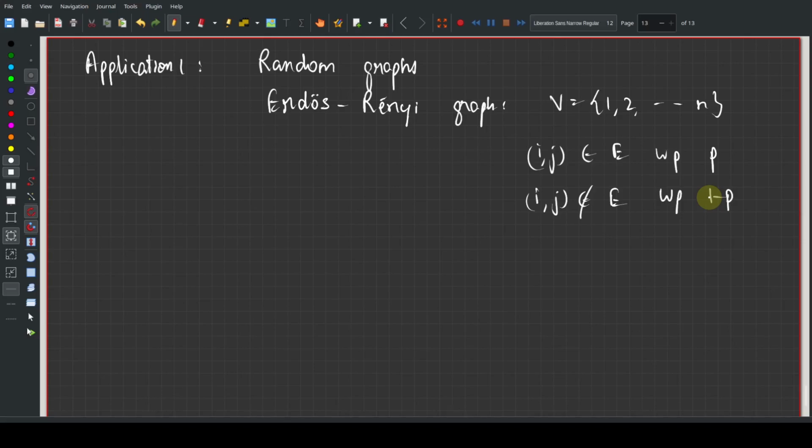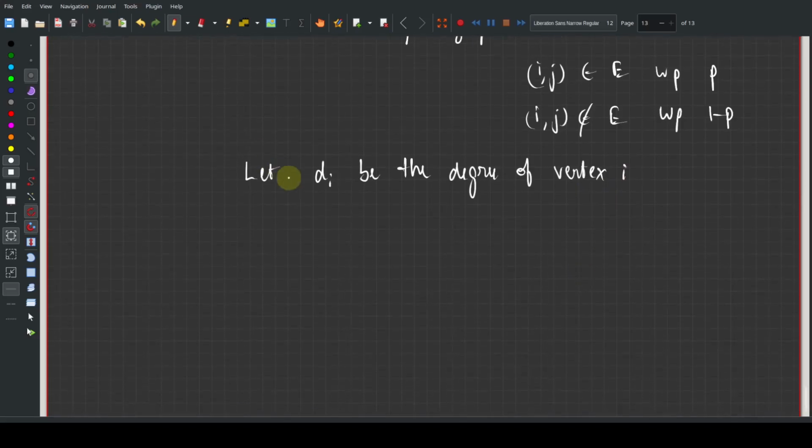So let's take a general p, which may or may not depend on n. What is the average degree of a particular vertex? So let me say that di is the degree of vertex i. Okay.